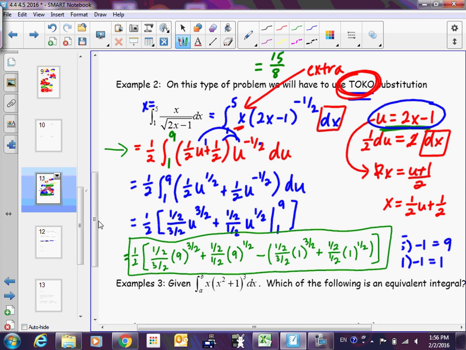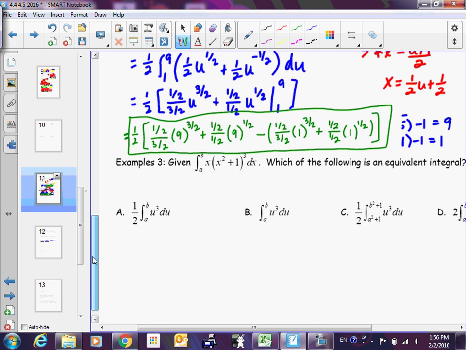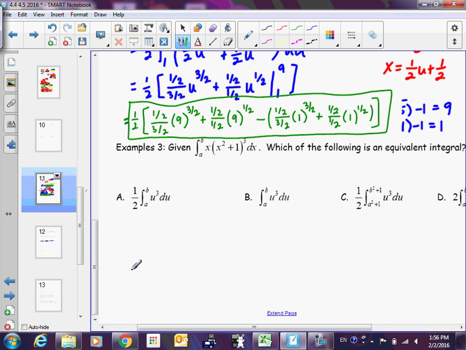This combines everything. All right, let's look at example 3, because some of you are thinking, what if it's multiple choice? I'm going to have to simplify then. Well, not necessarily. If you try to do this in your head, you're going to make a common mistake and pick the wrong thing. But just looking at this integral, what are you going to let u equal? x squared plus 1.